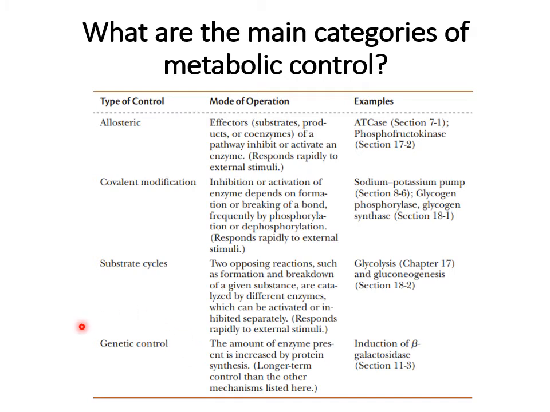And then you have genetic control, and those of you who have had me for other classes know I love anything related to genetics, but you can basically have genes and promoters controlling how much of an enzyme you have, based on gene expression control.